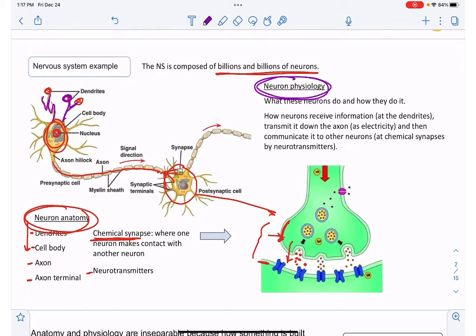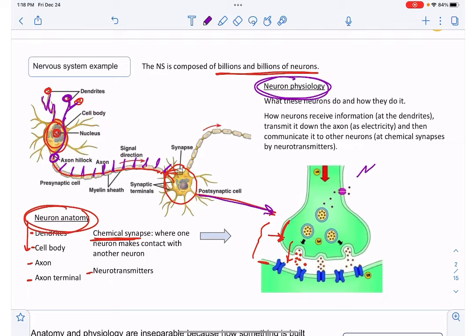Then they're going to take that information and turn it into an electrical signal. And that electrical signal is going to travel down to the axon, and it's going to turn into an electrical signal called an action potential. And these action potentials are going to be generated all the way down the axon until it gets to the axon terminal.